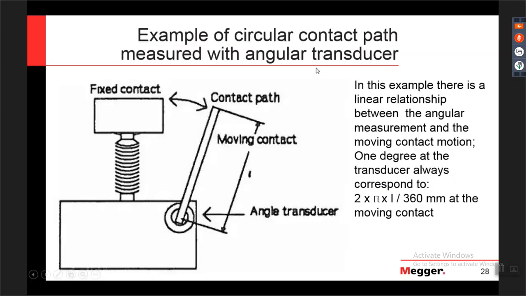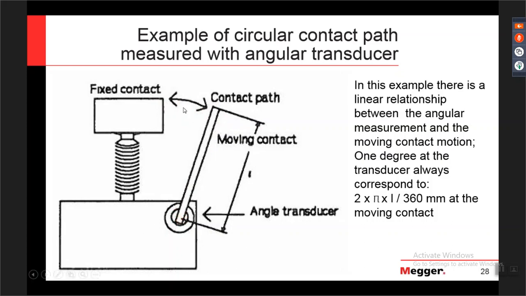So another example, this is from real life actually, an old generator breaker called the DB or ABB, where this arm, it's a disconnector arm actually. So this one goes in the circular contact path, and normally you put the transducer here.